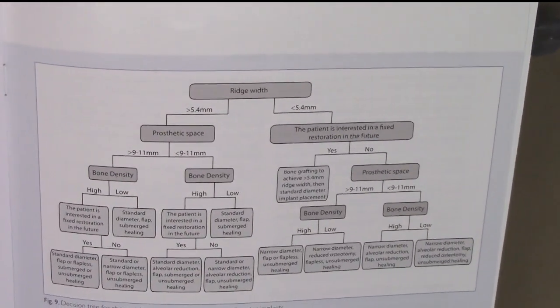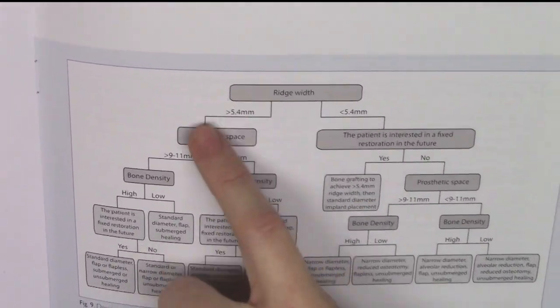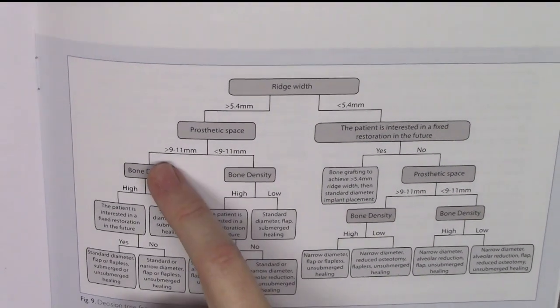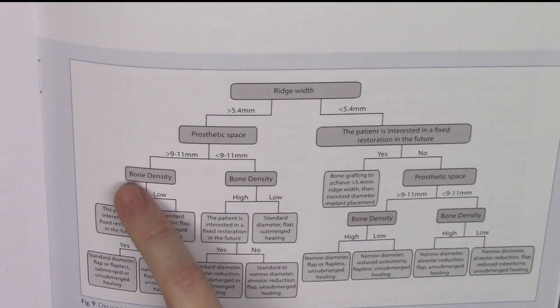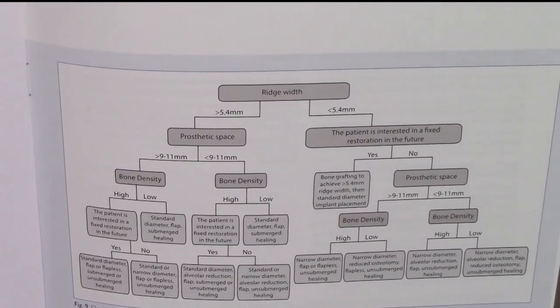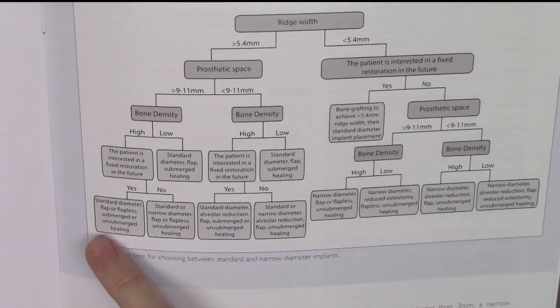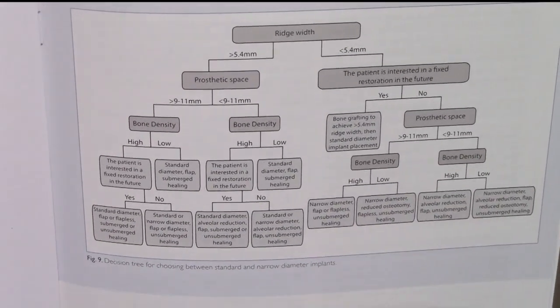If you have greater than 5.4 millimeters, and we know that we have prosthetic space that is somewhere between 9 to 11 millimeters, we know the bone density is high, and the patient is interested in a fixed restoration in the future, we would typically recommend a standard diameter flap or flapless unsubmerged healing.